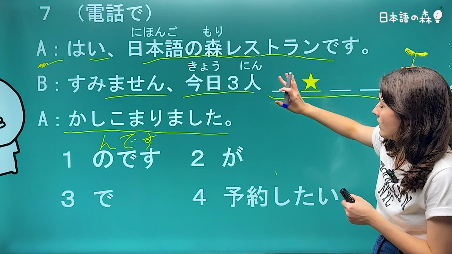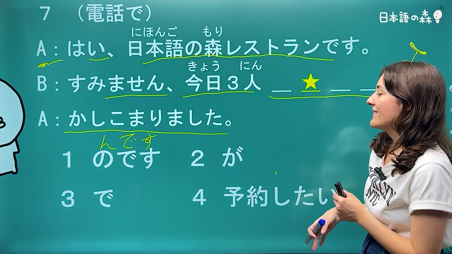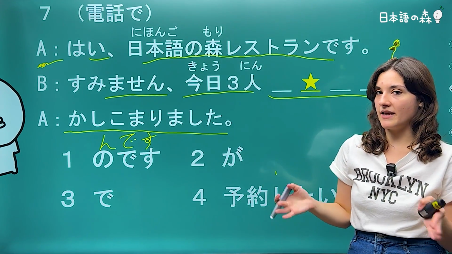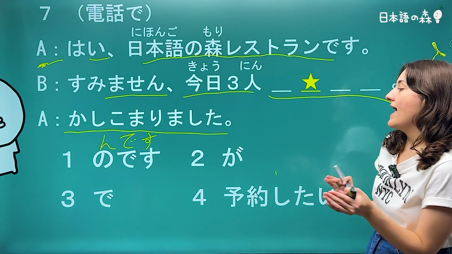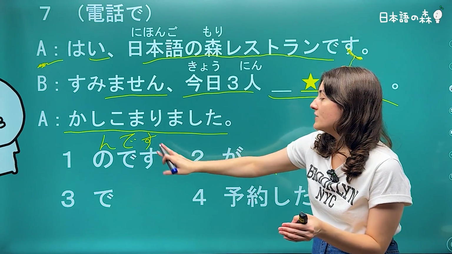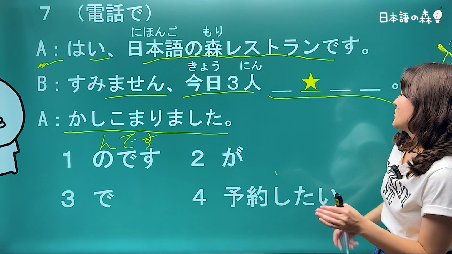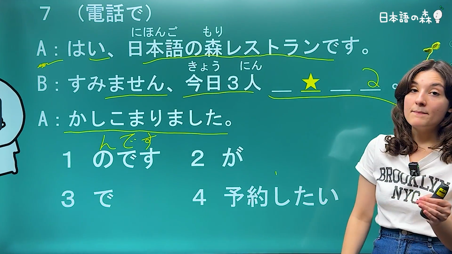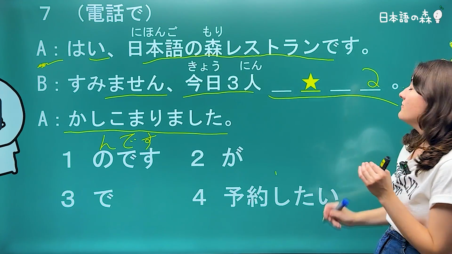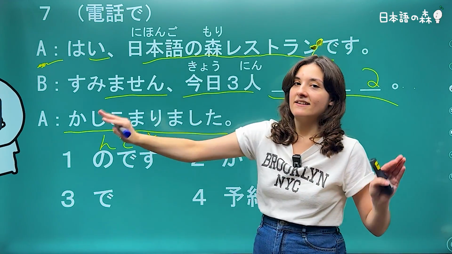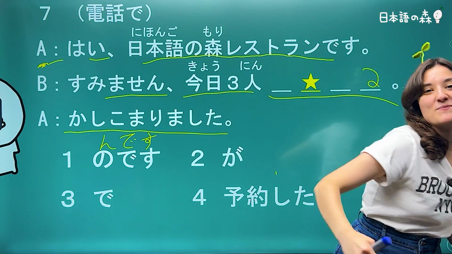So the way that this works, and a really common sentence pattern that you'll see, is that when you make a request, the sentence will end with something like no desu ga. So ga is going to come at the end, because ending on ga implies that you're trailing off, like, okay, now it's your turn to speak.